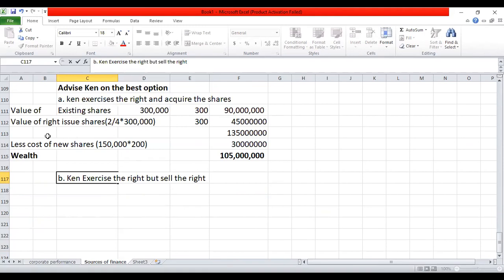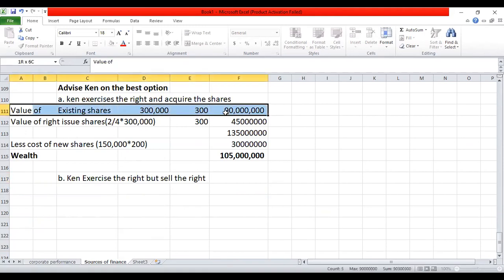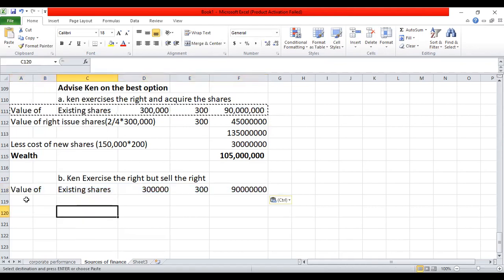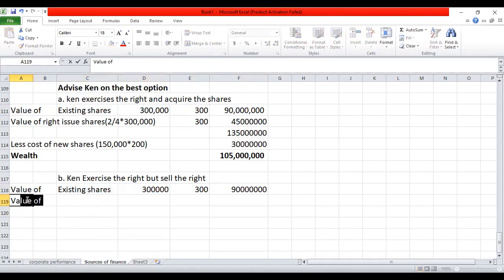So it means you will have this. We also consider the value of the right. How many rights does he have?